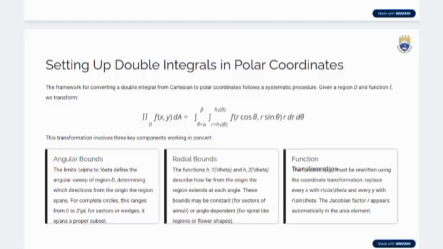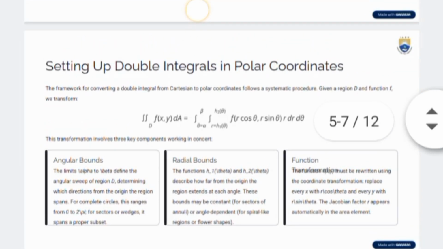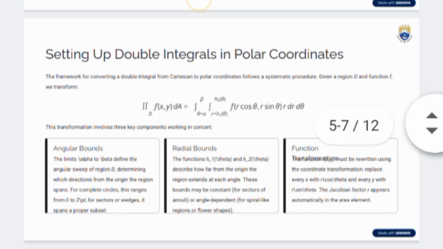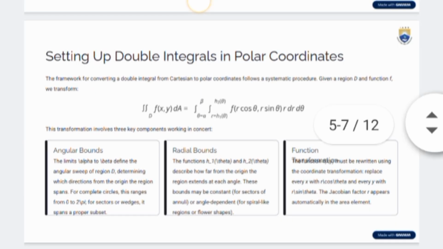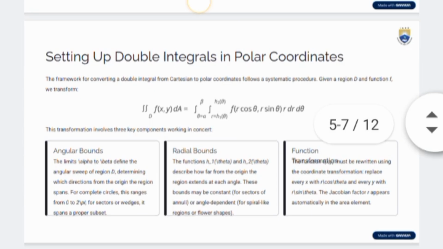This transformation involves three key components working in concert: angular bounds, radial bounds, and functions. In angular bounds, the limits alpha and beta define the angular sweep of the region. In radial bounds, the functions h1 of theta and h2 of theta describe how far from the origin the region extends at each angle.